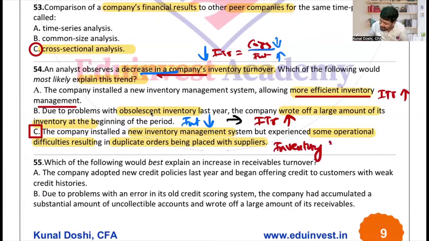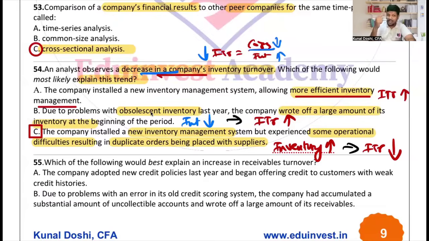If your inventory is higher, what will happen to your turnover ratio? In the inventory turnover ratio, the denominator is higher. Your inventory turnover ratio will go down. So which one will cause your turnover ratio to go down? It's situation C. I always recommend students write down the ratio and check one by one, the numerator component and denominator. Got it? Clear?